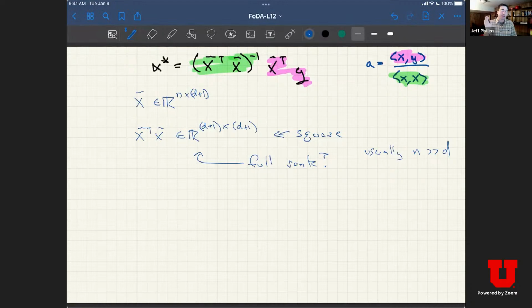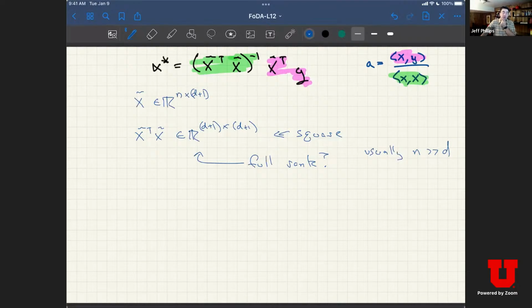And if you take the data mining course, or you look a little bit later in the book in this chapter, in material we won't cover, you can do something called ridge regression as well, which will do a small modification to this so that it ensures it's going to be full rank, so I can take the inverse.